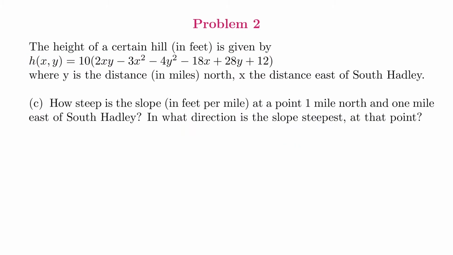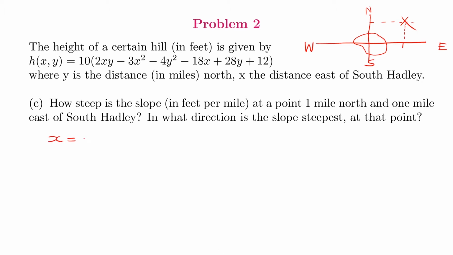Finally, to the third part. How steep is the slope in feet per mile at a point 1 mile north and 1 mile east of South Hadley? In what direction is the slope steepest and at what point? That is, there is a location which is at 1 mile north and 1 mile east. We have to find out the slope of the hill. To find out the slope, we will take the magnitude of the gradient.